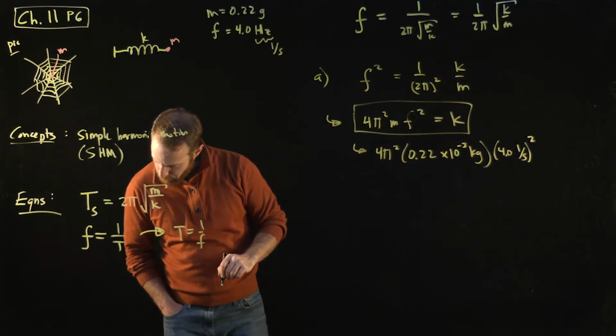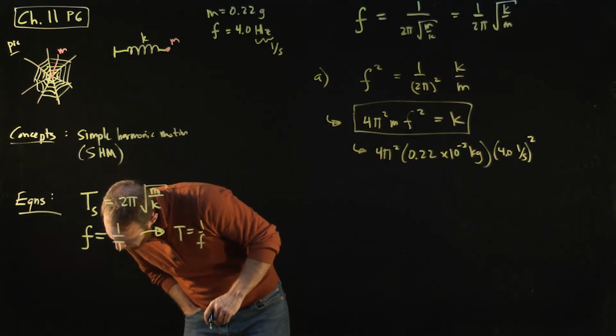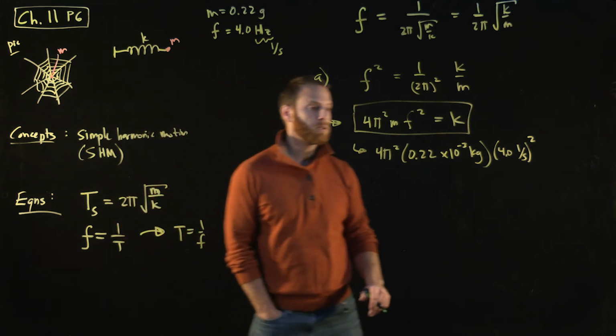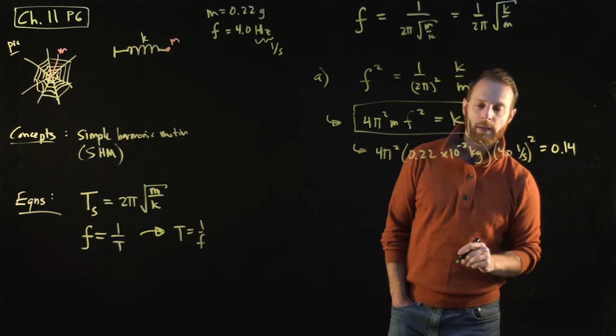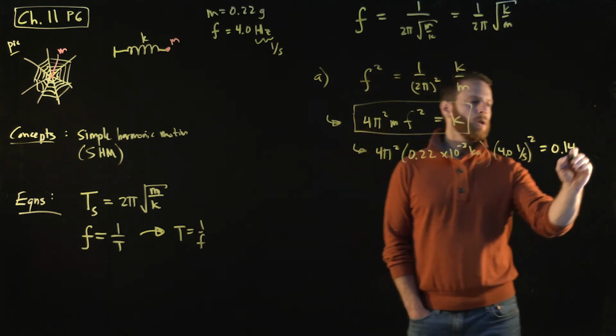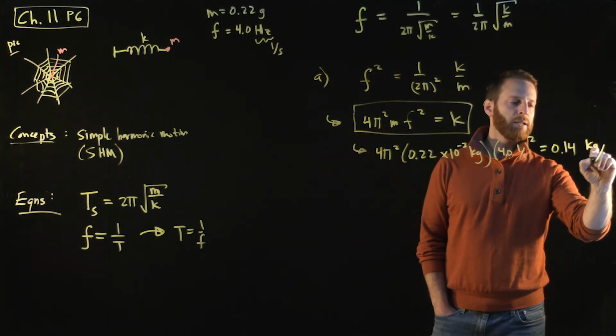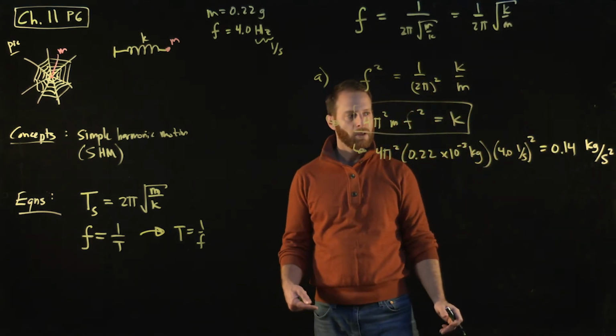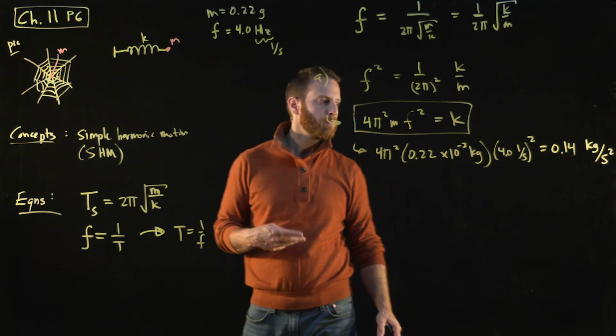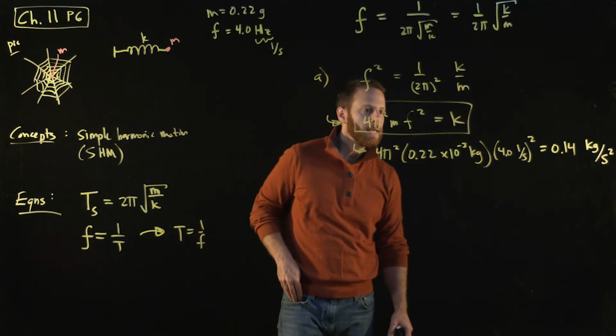When you work this through, you should find this is 0.13896, or approximately 0.14. And the units are kilograms per second squared. It's technically not incorrect to write it this way, but this is a confusing way to write it because what's the physical significance of mass per time squared?